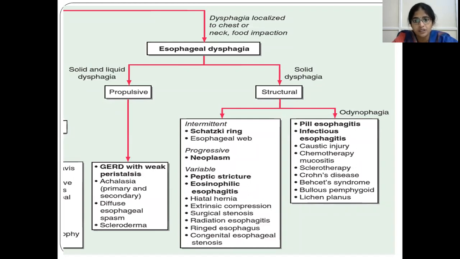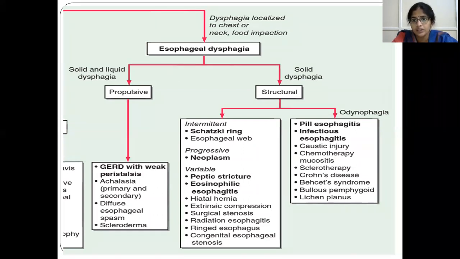Causes of variable dysphagia include peptic stricture, eosinophilic esophagitis, hiatal hernia, extrinsic compression by the aortic arch and all, surgical stenosis, radiation esophagitis, ringed esophagus, congenital esophageal stenosis.